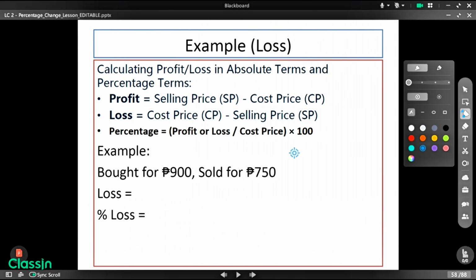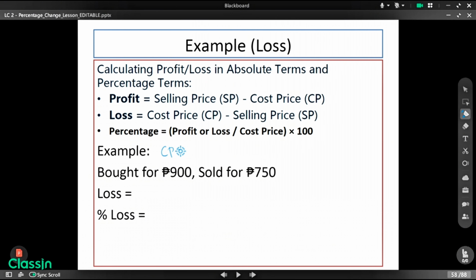Alright, now for the given, the cost price is 900 and your selling price is 750. Here, the cost price is greater than the selling price.